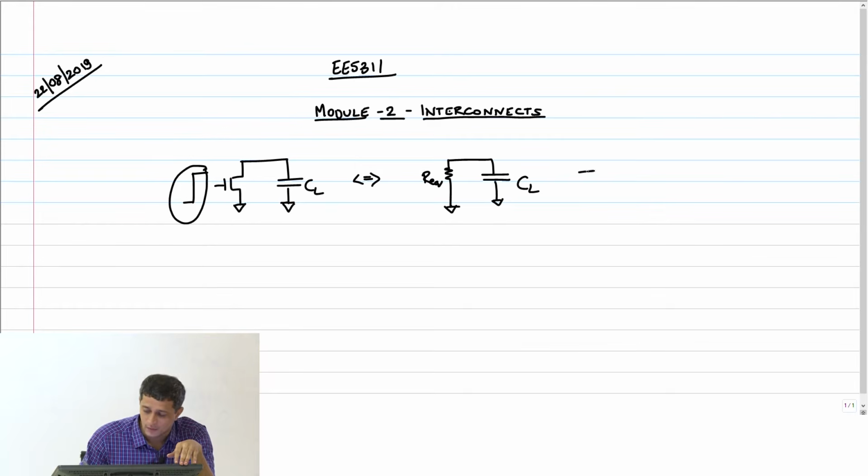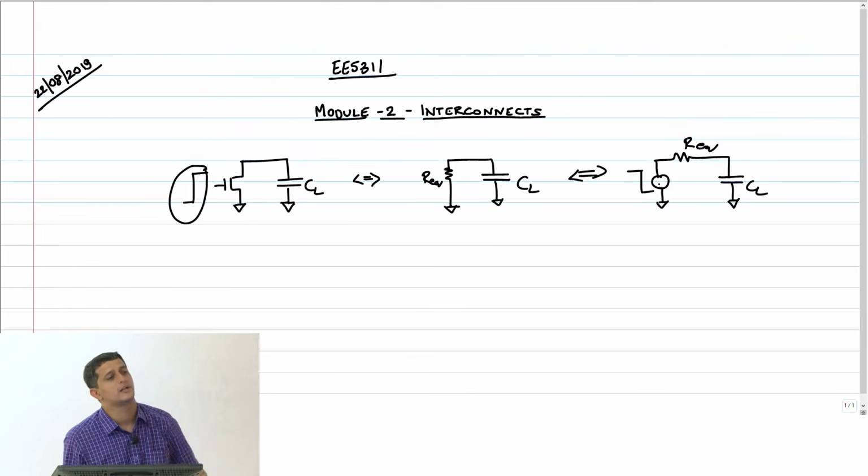So, it turns out that this has to be placed like this, CL, R equivalent, and I have a source like this, and this source is falling instantaneously. It's like a switch. The moment you turn that switch on, it gets shorted to ground and the capacitor starts discharging. Of course, this we know very well.